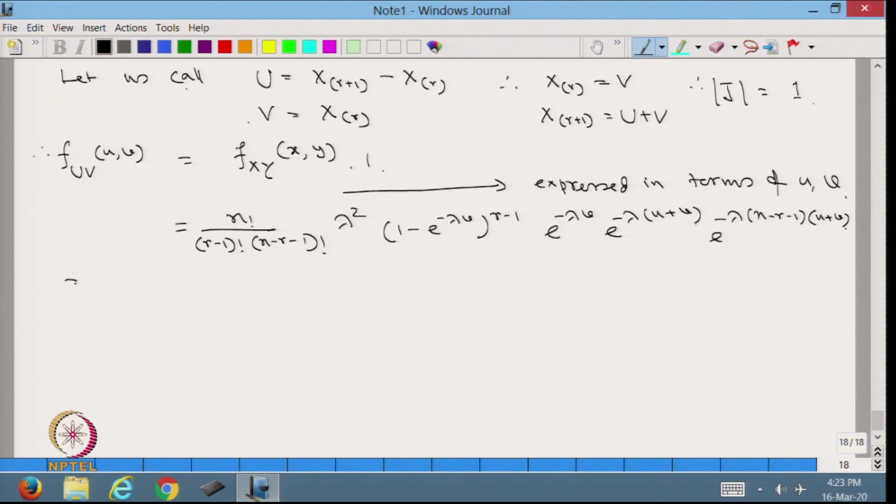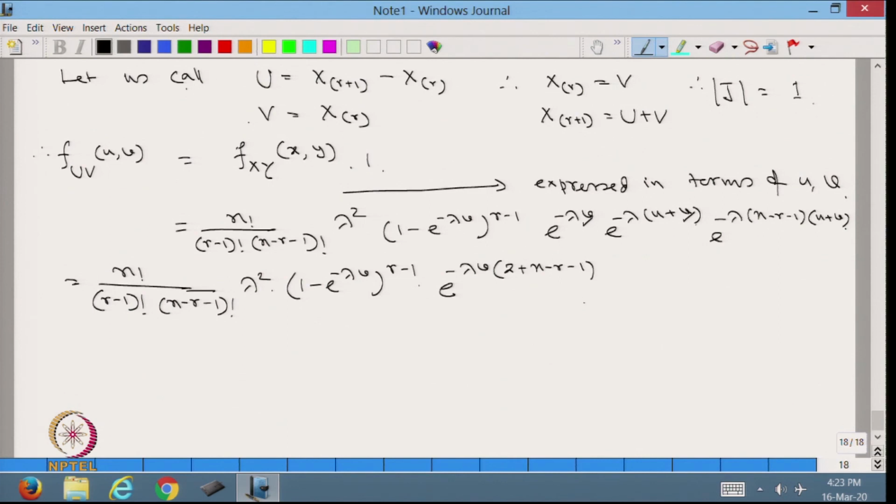So, that is not needed. It is equal to n factorial upon (r minus 1) factorial (n minus r minus 1) factorial, lambda squared, (1 minus e to the power minus lambda v) to the power r minus 1, e to the power minus lambda v, into (1 plus 2 plus ... plus n minus r minus 1), multiplied by e to the power minus lambda u (n minus r minus 1 plus 1).